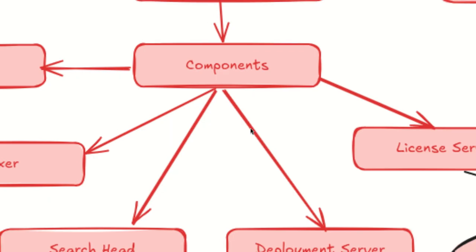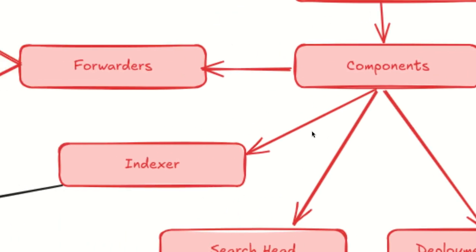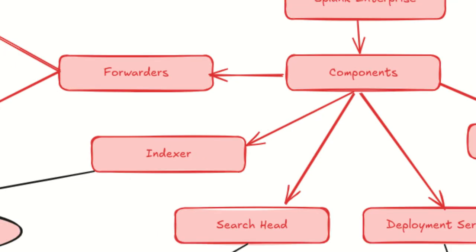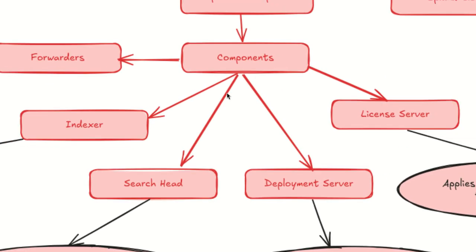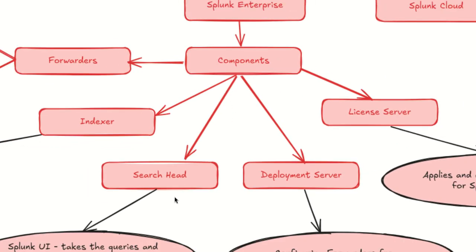When we speak about Splunk components, Splunk has components like forwarders, indexers, search head, deployment server, and license servers.